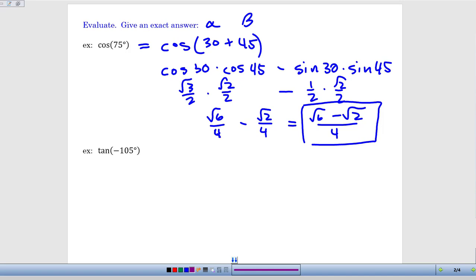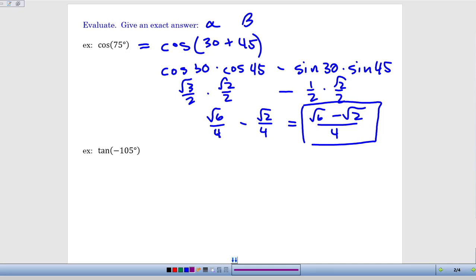For the next one, for tangent of negative 105 degrees, we need to do the same thing. We have to somehow rethink how we can create negative 105 by either adding or, as we'll see here, subtracting two angles that are on the unit circle.